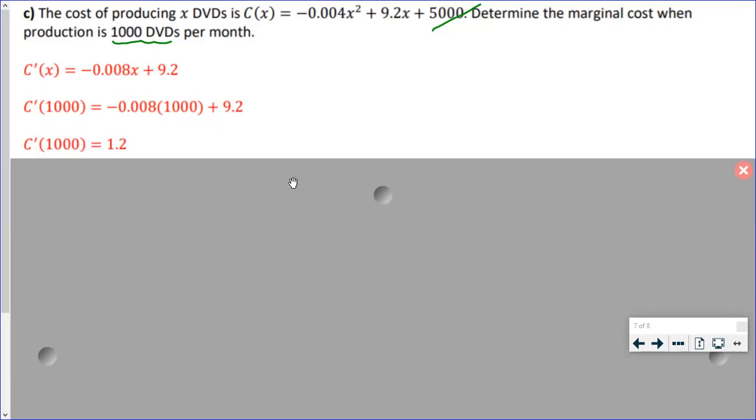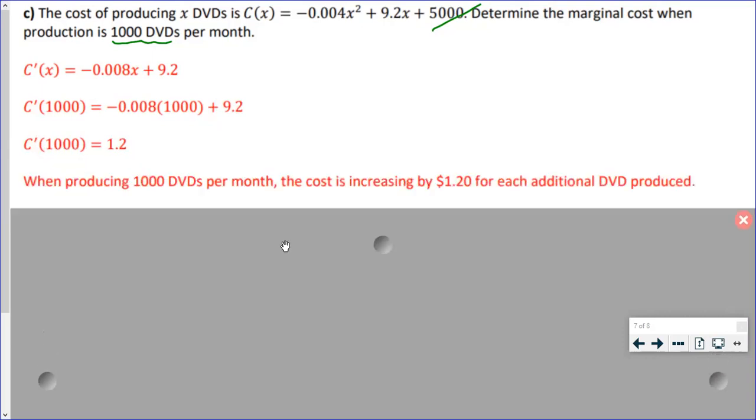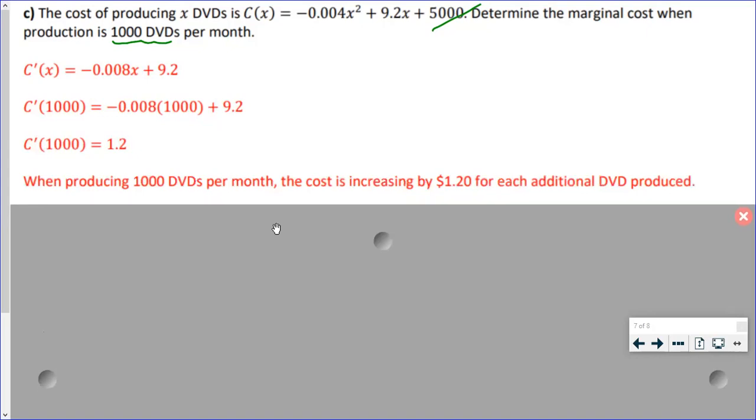Because we're talking about rate of change here, the 1.2 represents a cost of $1.20 for each additional DVD produced. So this is when we're producing 1,000 DVDs.